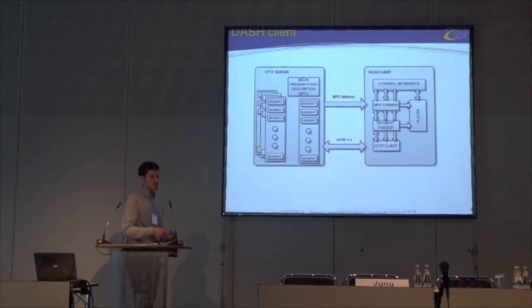The most important information is the URLs of the segments. When the client knows where the content is located, it can start downloading segments one by one, and this is done via HTTP.